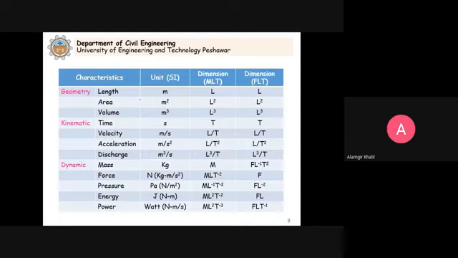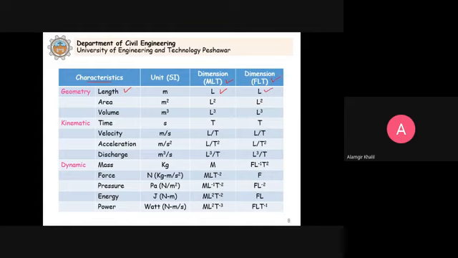This table is an example because we will analyze problems, and as we learn, dimensional analysis deals with the dimensions of the physical quantities in any problem. So you must know the dimensions of the different physical quantities. Clear? For example, we have length. Whether you have the MLT system or the FLT system, L is used.